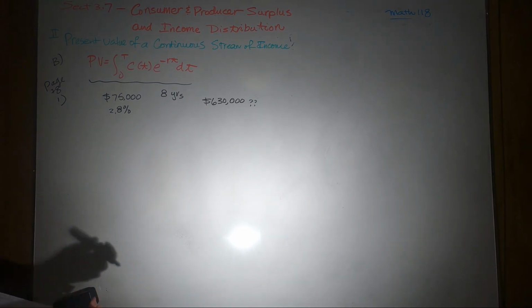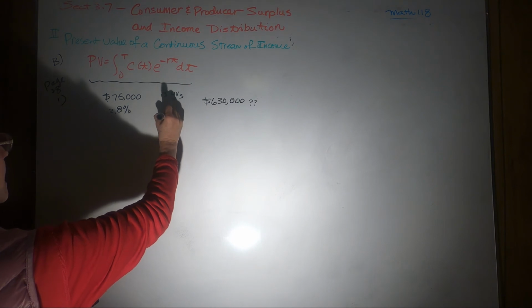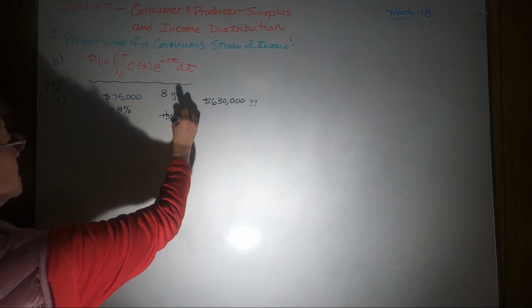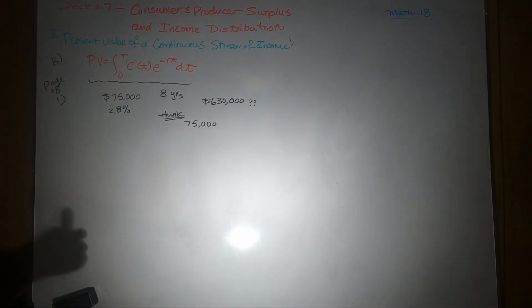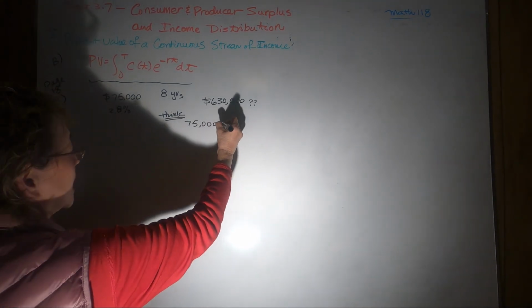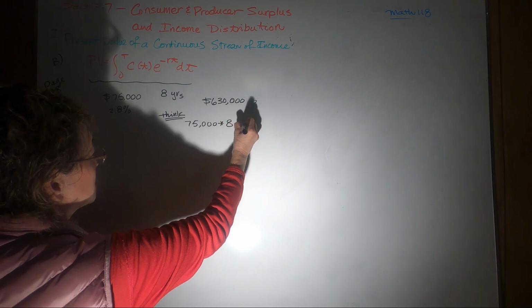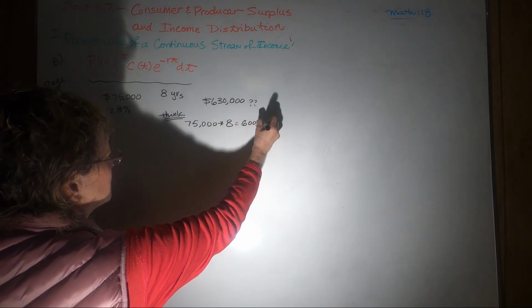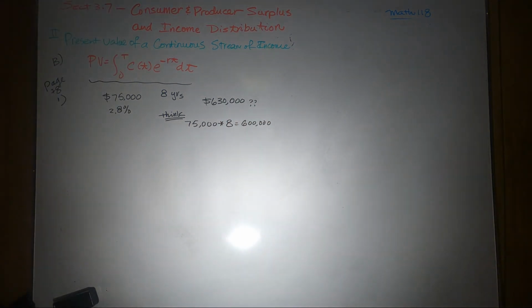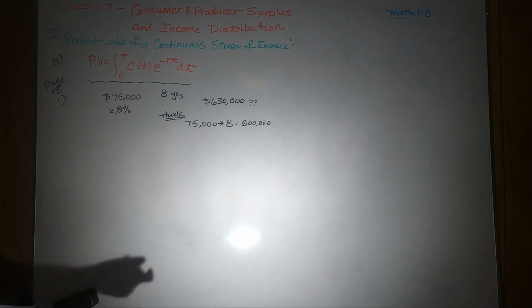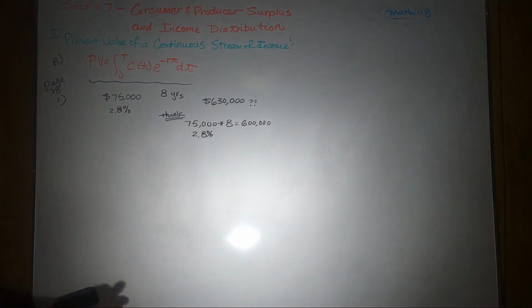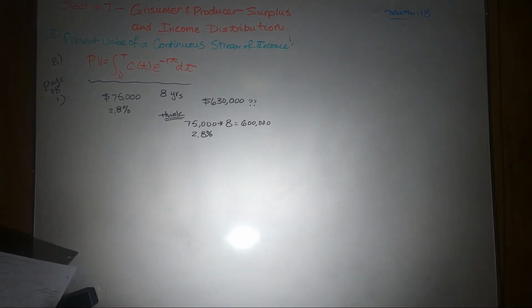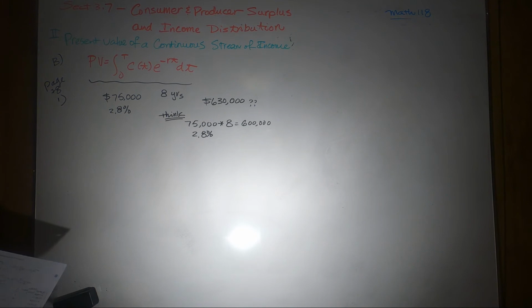If you think the simple way, you say, okay, $75,000 times a total of 8 years, that will have what? $600,000. At the same time, you say, okay, you can earn so much interest, compounded continuously.